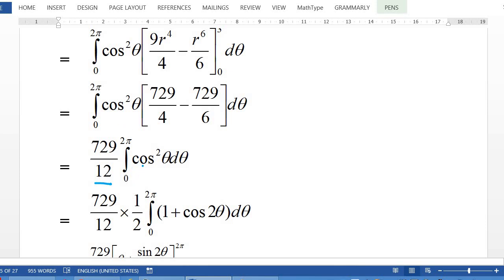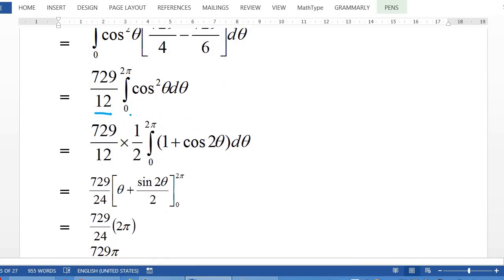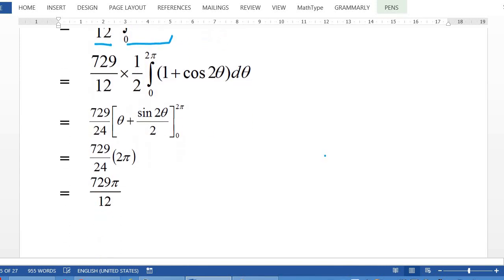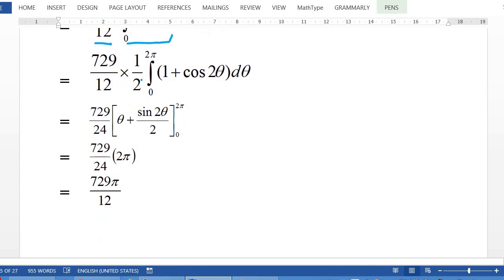And then integrate cos squared theta d theta from 0 to 2 pi. You can change your cos squared theta to half of 1 plus cos 2 theta. So 2 times 12, so 729 over 24. Integrate 1 with respect to theta, you have theta.